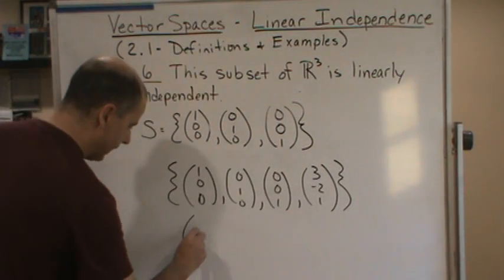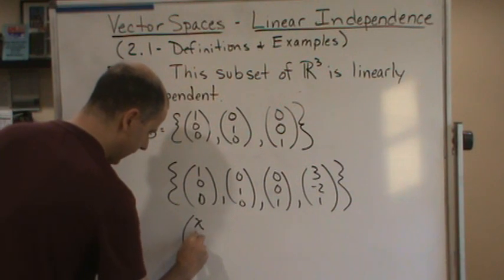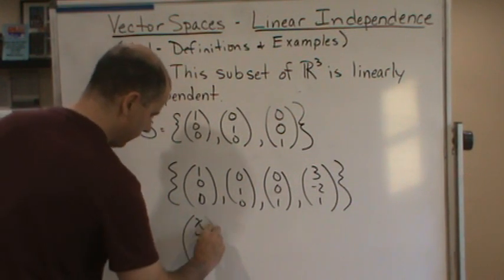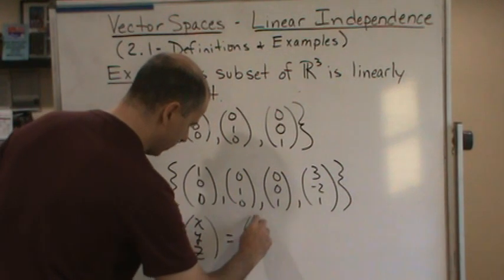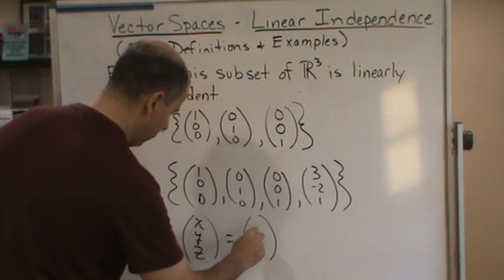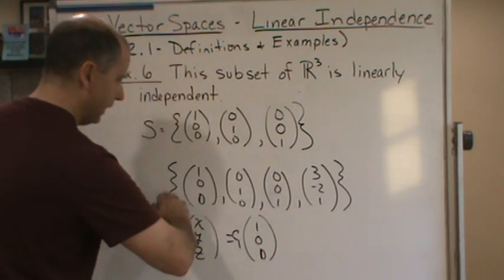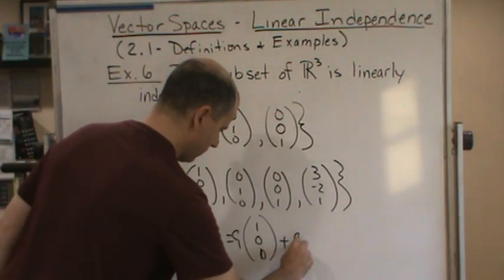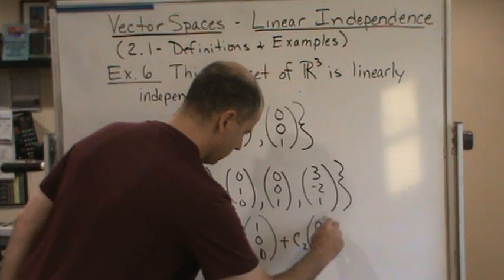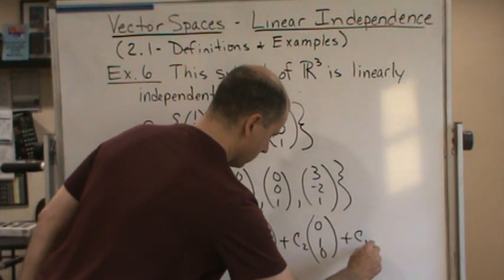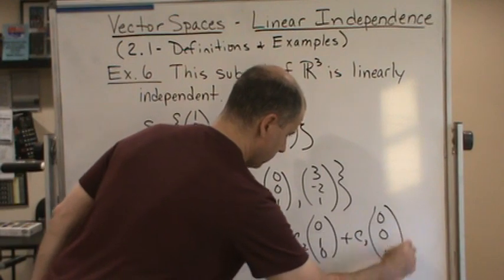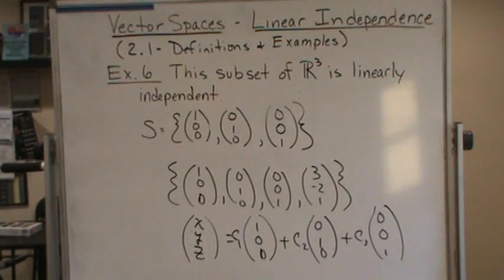So I can get any vector in R3, x, y, z, as a linear combination of the vectors in S. Like so. Where C1 equals X, C2 equals Y, and C3 equals Z.